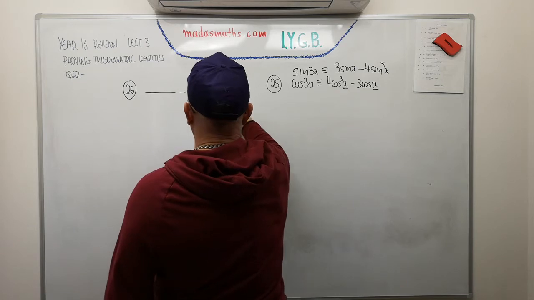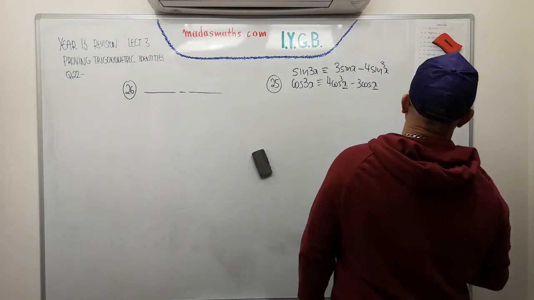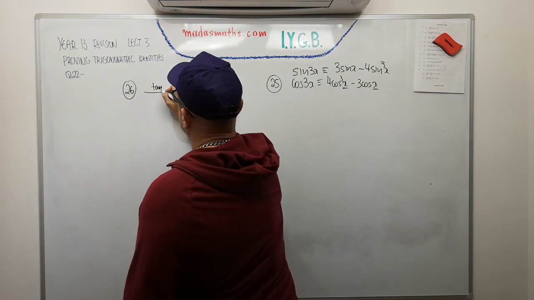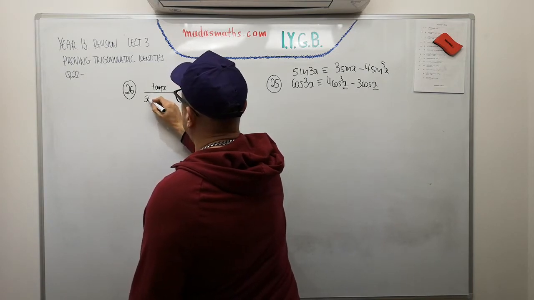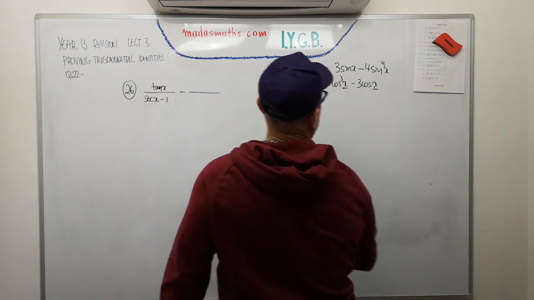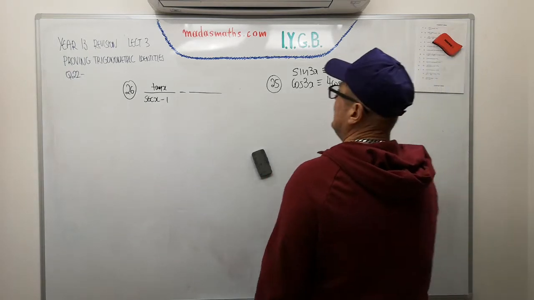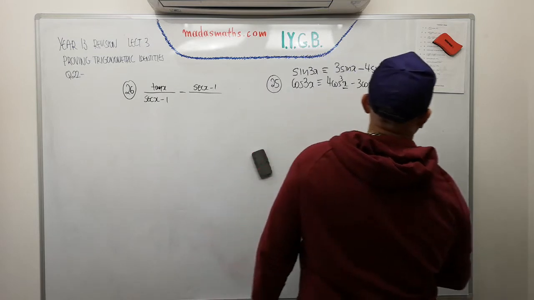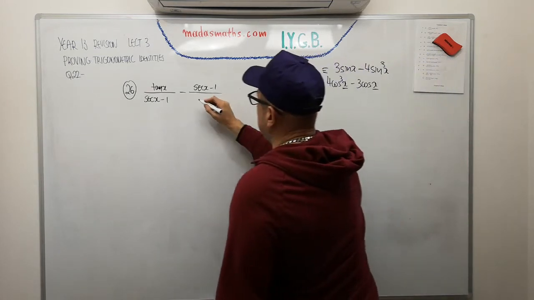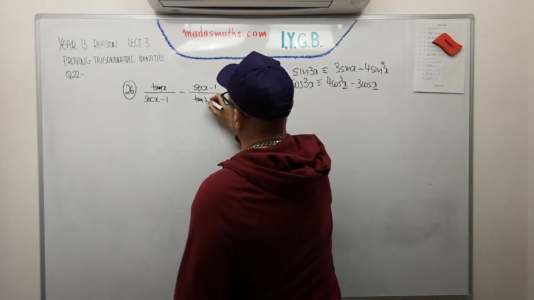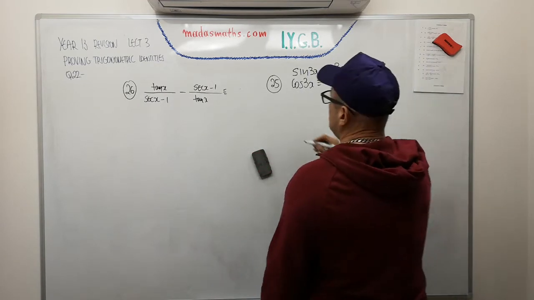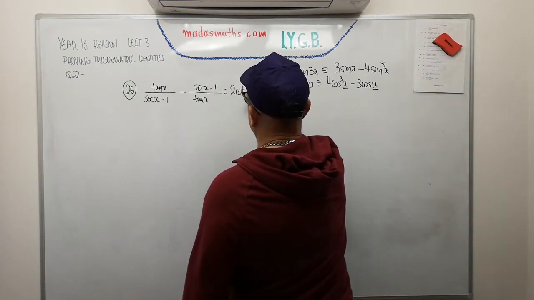We need to prove that tan x over sec squared x minus 1, minus sec squared x minus 1 over tan x, is identically equal to 2 lots of cot x.